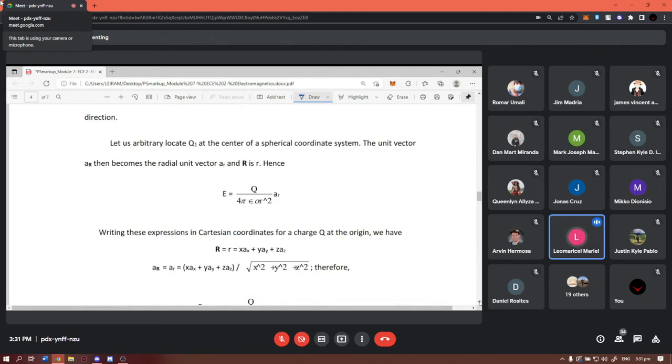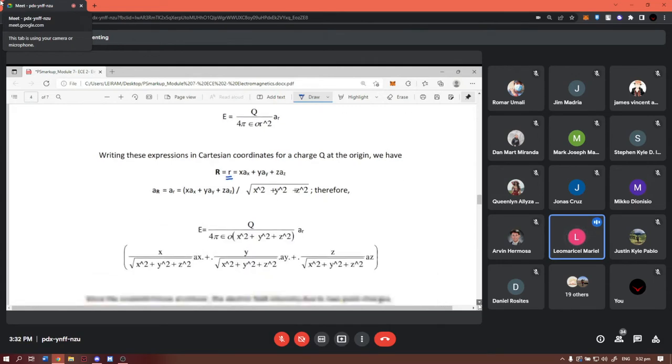Alam naman natin yung vector natin is, let's say, example, ito yung ating vector. Kung kukunin natin magnitude nito, that is simply square root of x squared plus y squared plus z squared. Kung ano yung coefficient mo na yan, yun din yung magiging magnitude mo. Okay? So, skip na natin yan.